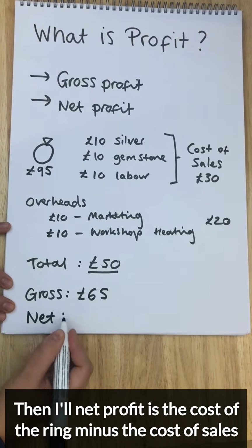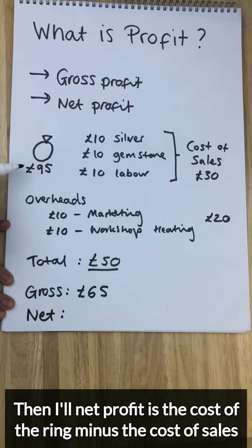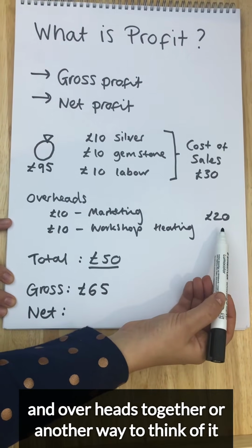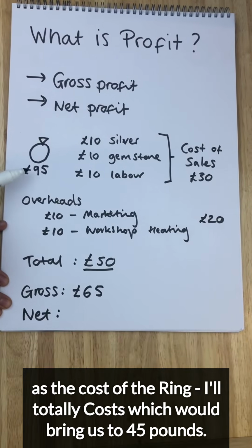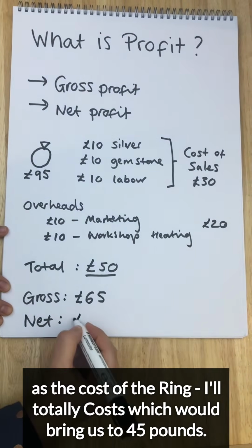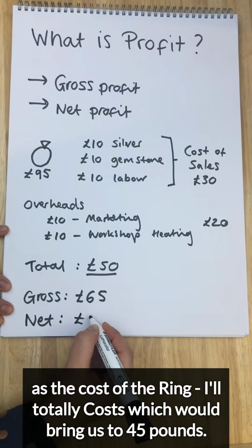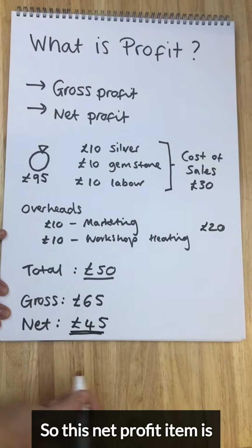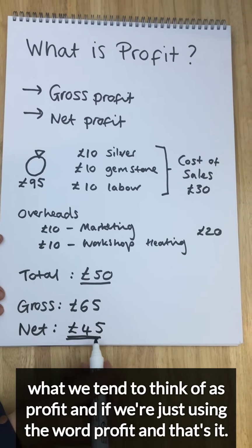Then our net profit is the cost of the ring minus the cost of sales and the overheads together. Or another way to think of it is the cost of the ring minus our total costs, which would bring us to £45.